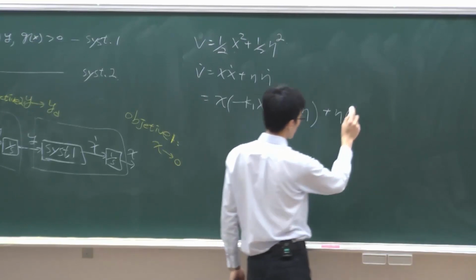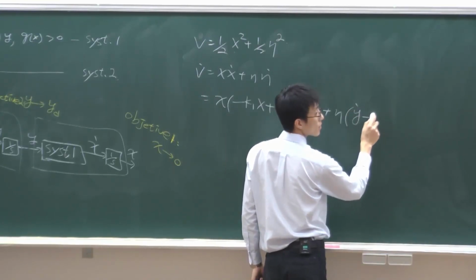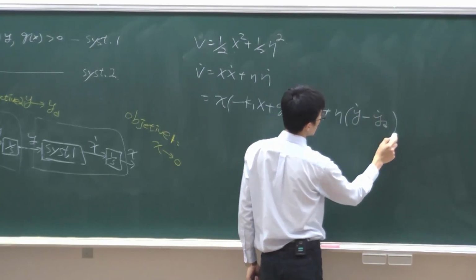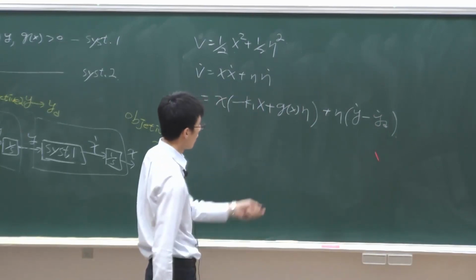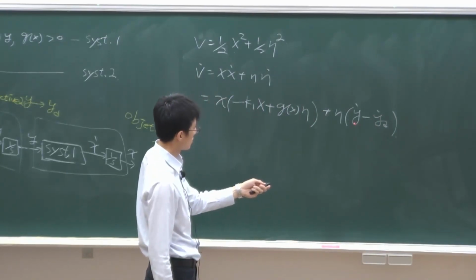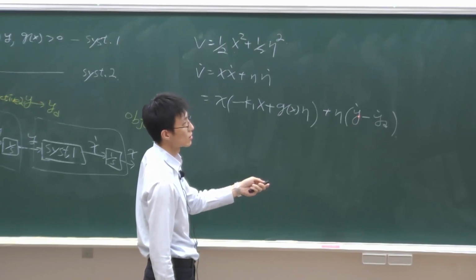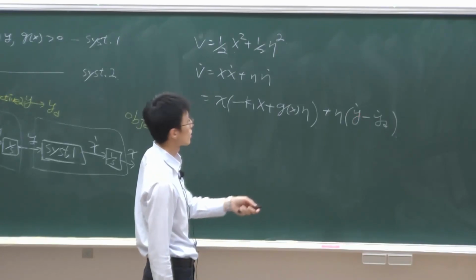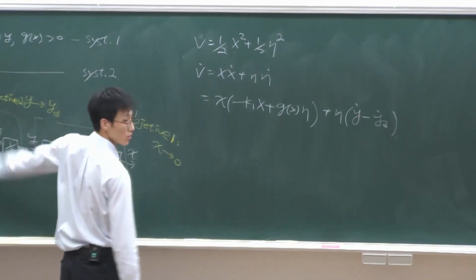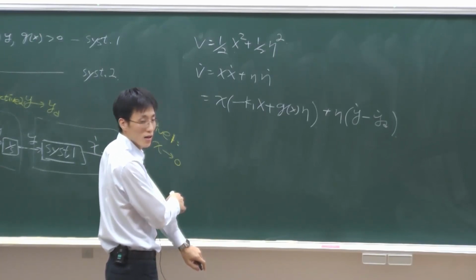So that's y dot minus yd dot. And the control access is through y dot, because y dot is u to that.